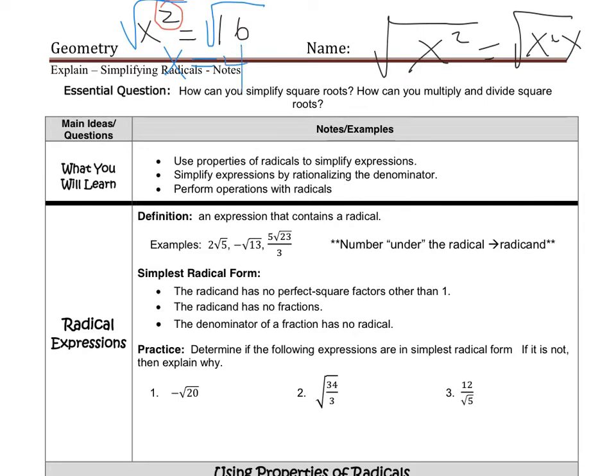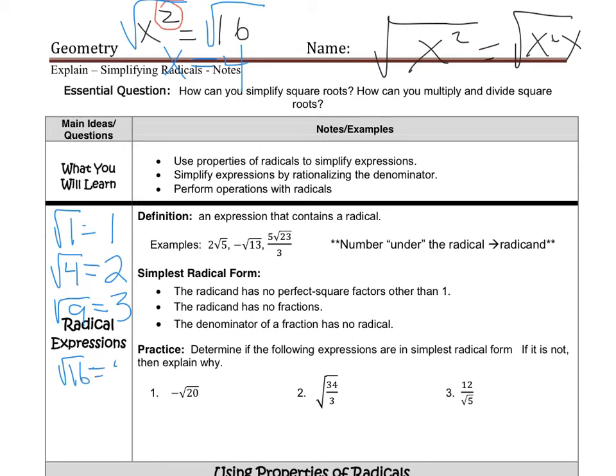That's the first thing I want to talk about: make sure you know your perfect square numbers. For instance, the square root of 1 means you go 1 times 1, so the square root of 1 is 1. The square root of 4, you get it by going 2 times 2, so the square root of 4 is 2. The square root of 9 is 3 times 3, so it's 3.